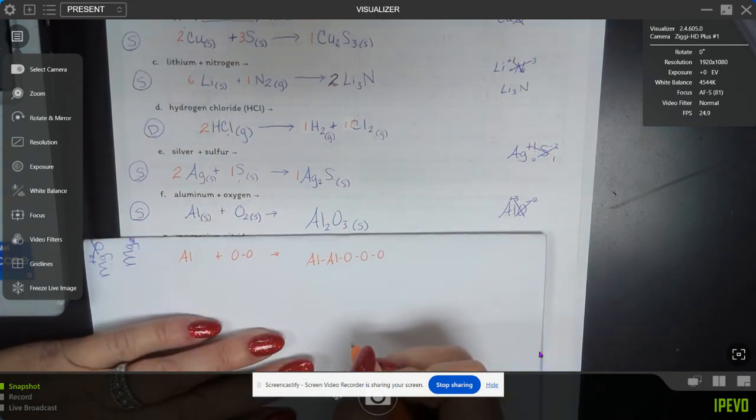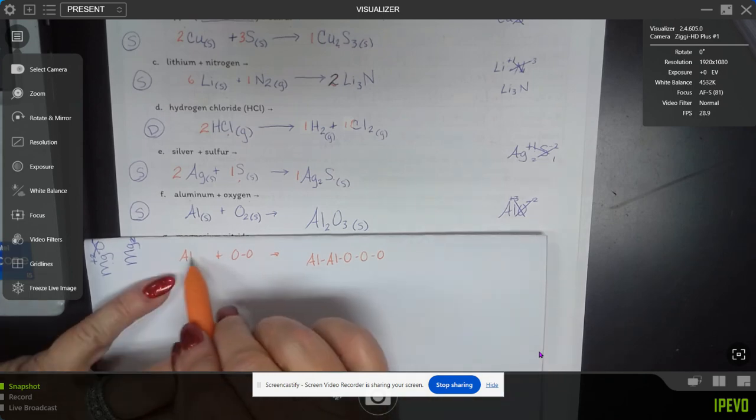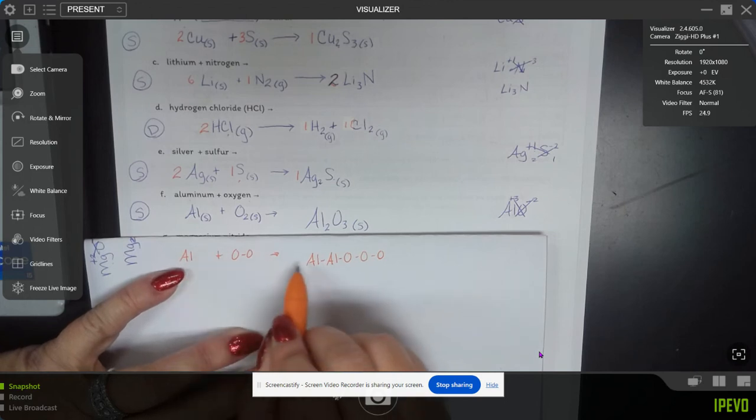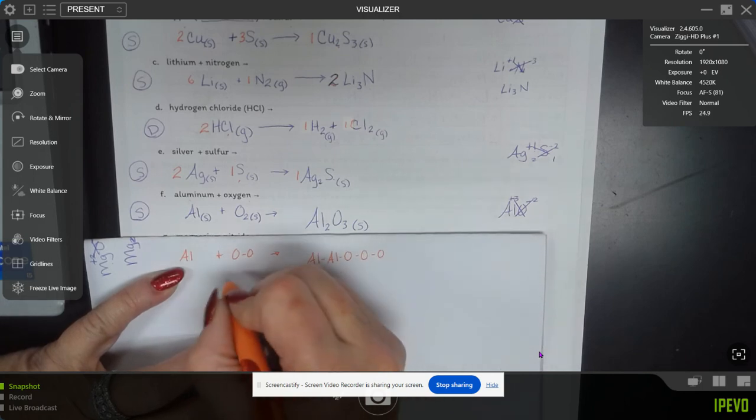This is kind of an alternative to drawing the shapes, but it's a way to model. Now, I'm not going to look at aluminum first. I'm going to see my oxygen. I have 3 oxygen over here. I only have 2.